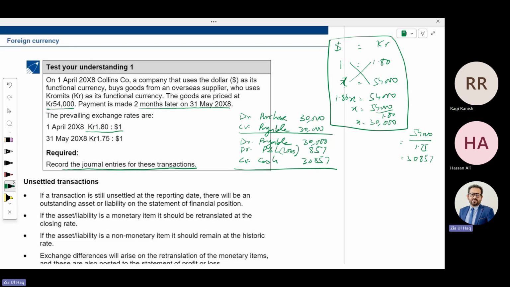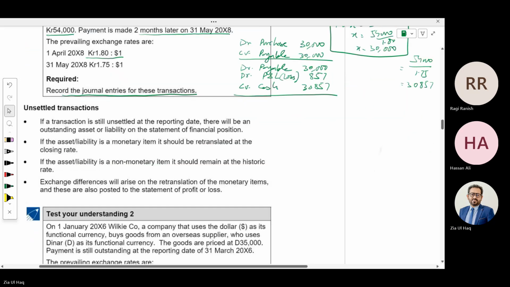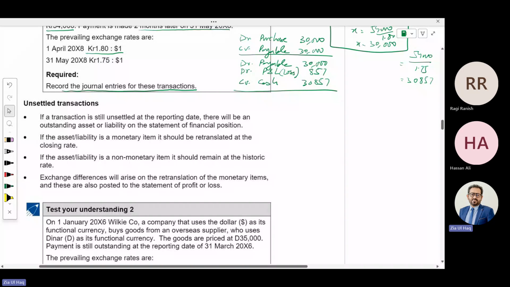For an individual company, if there is any gain or loss between the transaction date and the settlement date exchange rate, that should be charged to the profit and loss account. Unsettled transactions. What does that mean?